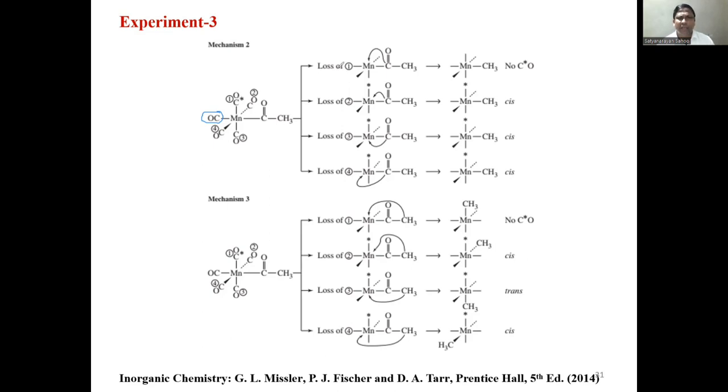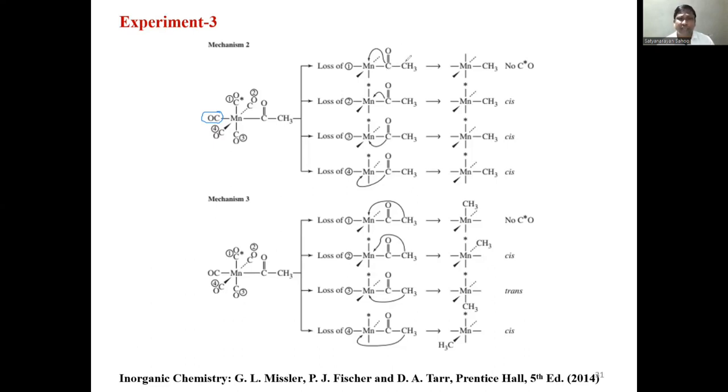So let us say loss of 1, this carbon monoxide is lost. Then 2, that means carbon monoxide from position 2 is lost. Then 3, carbon monoxide from position 3 is lost. Then 4, carbon monoxide from position 4 is lost. So from any of the positions 1, 2, 3, 4, the carbon monoxide can go. The second mechanism said that the CO has to migrate.